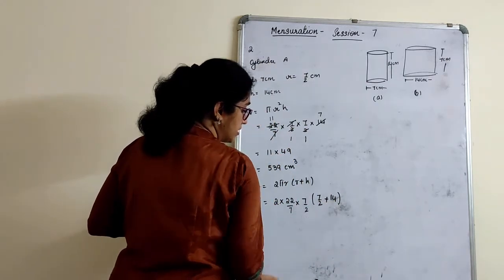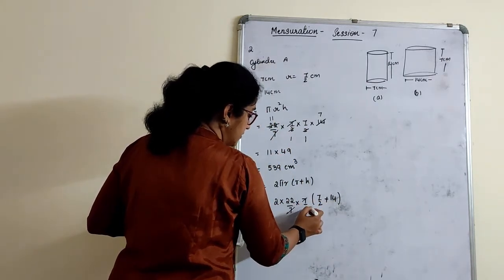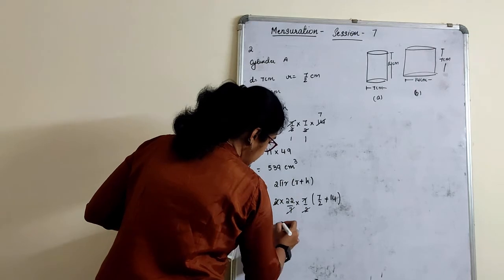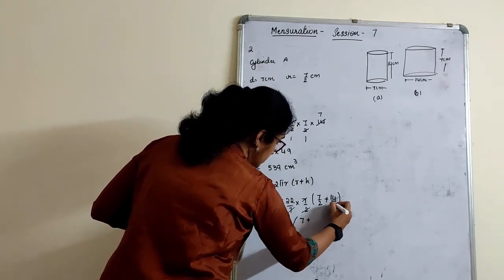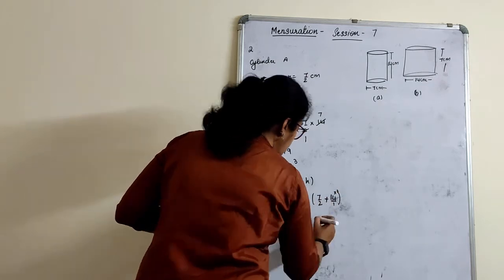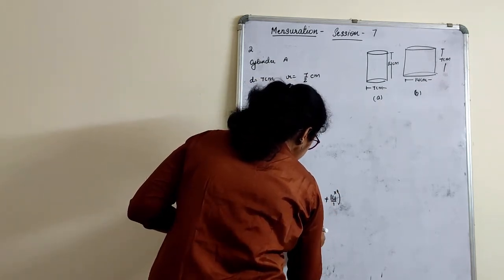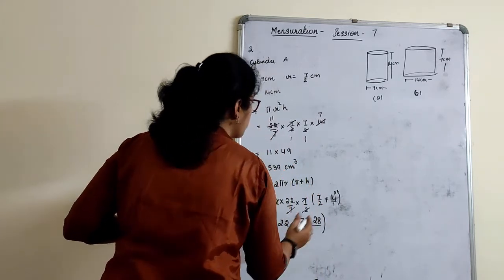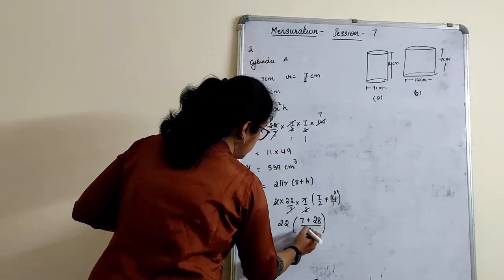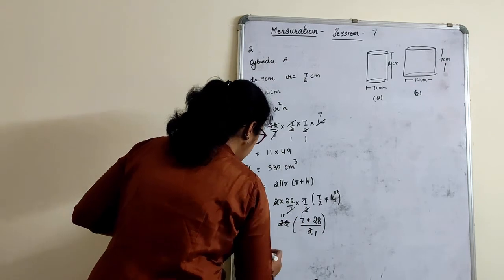Don't cancel yet. 7 and 7, 2 and 2 will get cancelled. 22, so this is 7 plus 14 into 2, 28 upon 2. You can do that here. 2 ones are 2, 11s are 22.